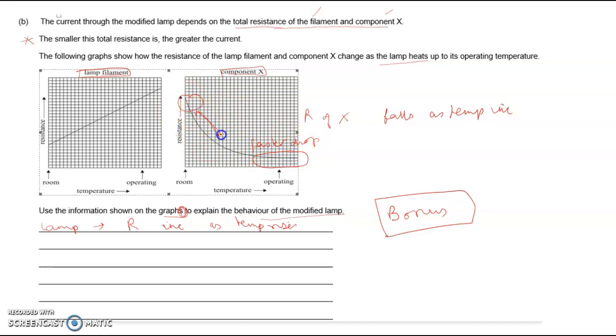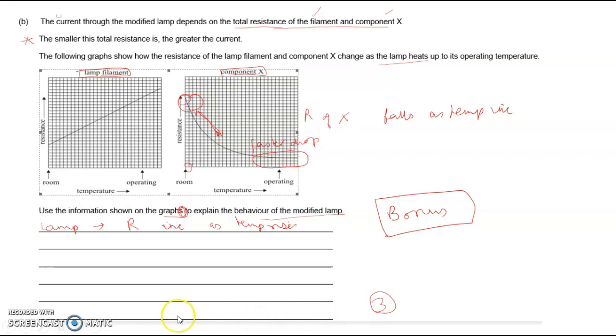You would say that it's quite a sharp drop, and then it gradually plateaus out. Resistance is very high initially, and if the resistance is high, current is very low. That's how you do graphical analysis. These questions would be for 3 marks each, so the previous one and this one would be 3 marks.